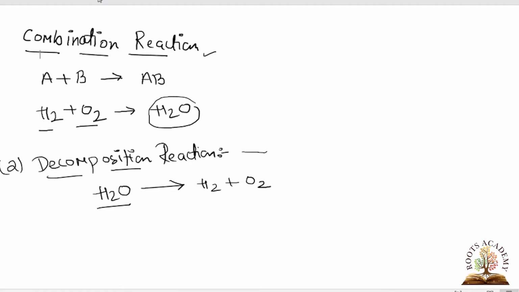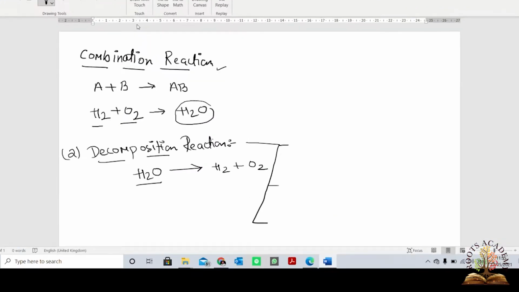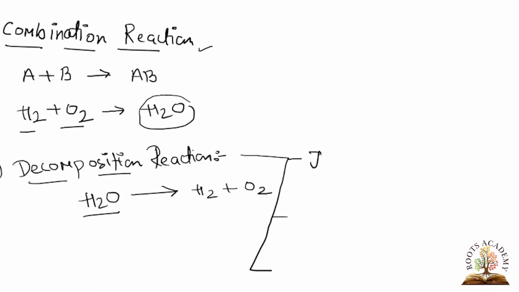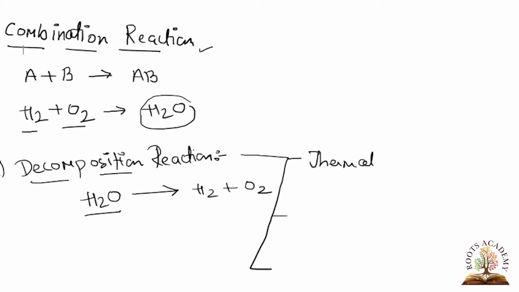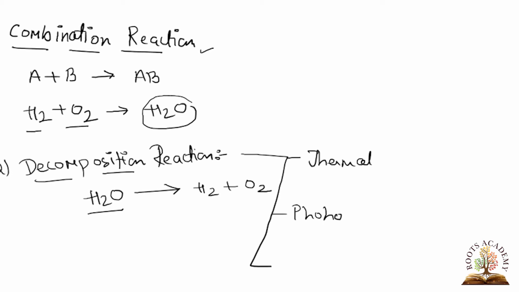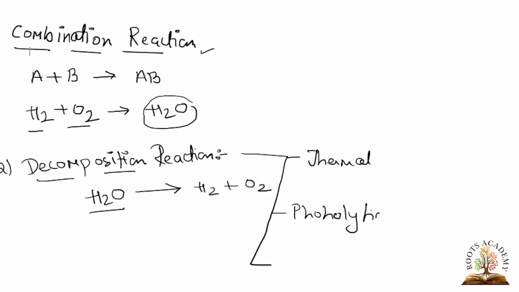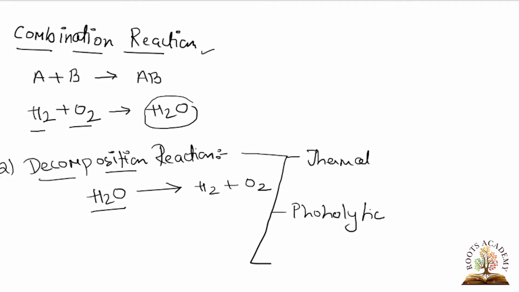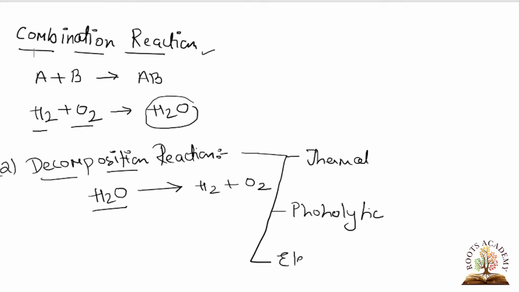Now decomposition reaction is basically of 3 types. The first one is thermal decomposition. Second one is photolytic. And third one is electrolytic.